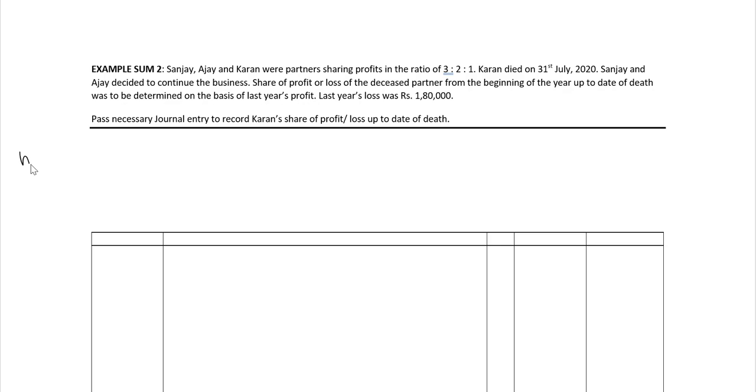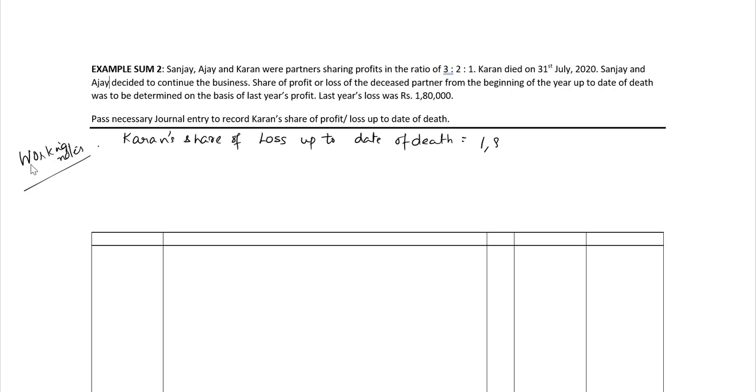So we'll begin with the working notes. Karan's share of loss up to date of death, based on the previous year's profit or loss.